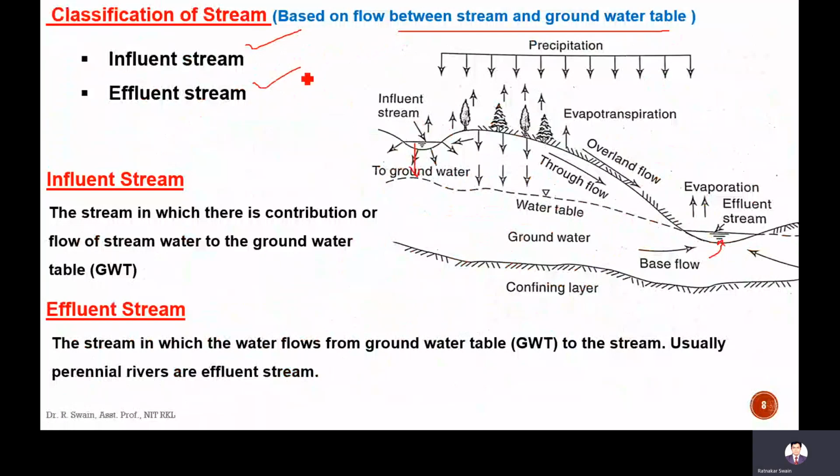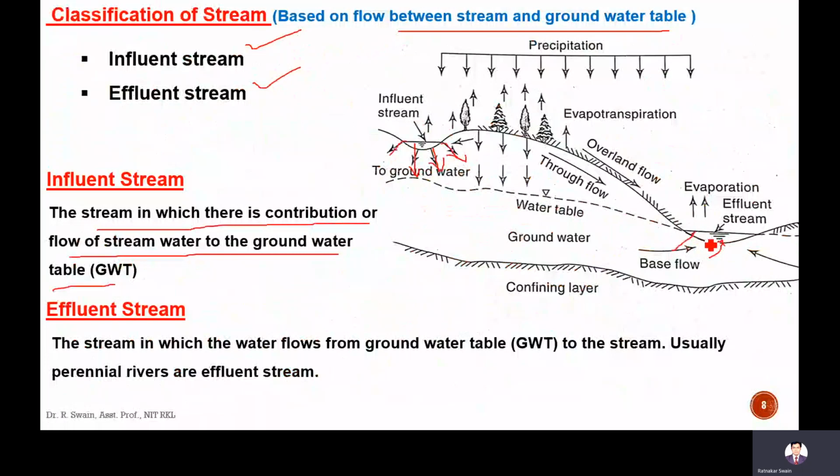This is classified with respect to the groundwater. If the flow is occurring from the stream to the ground, meaning there is contribution to the groundwater from the stream, then it is called an influent stream. If it is towards the groundwater, then it is influent.